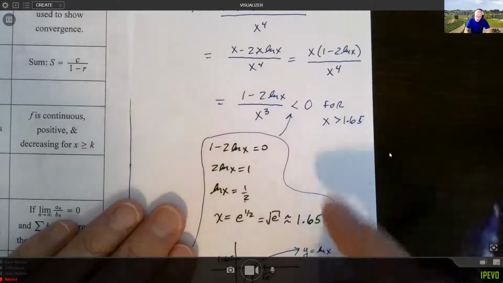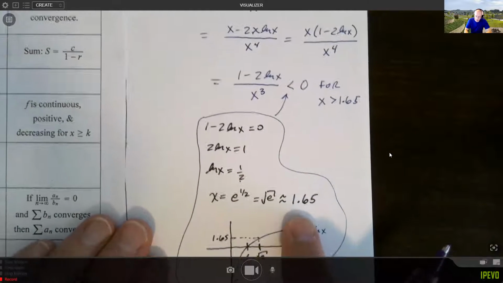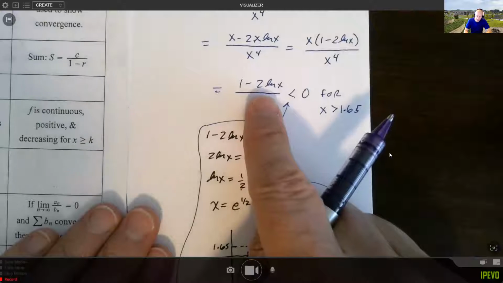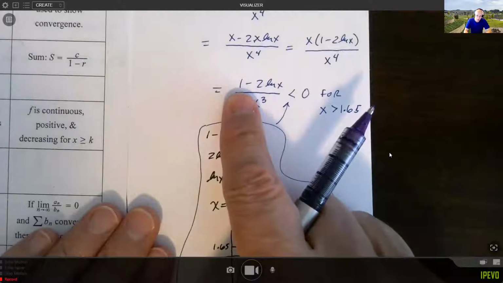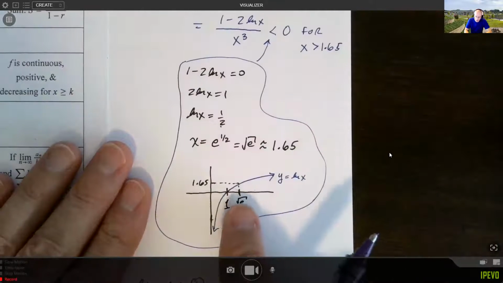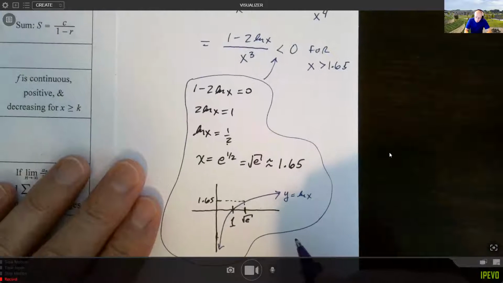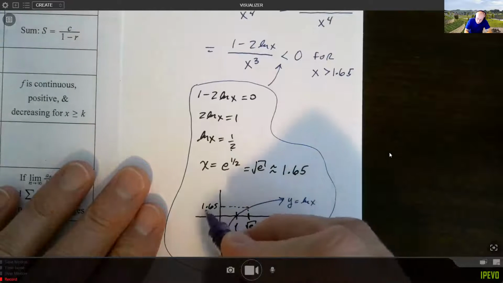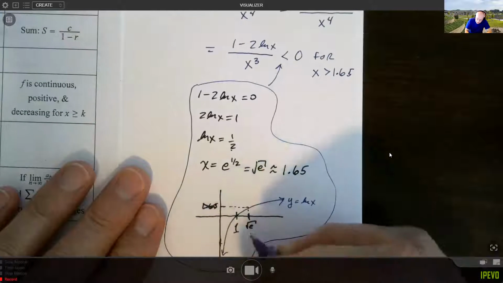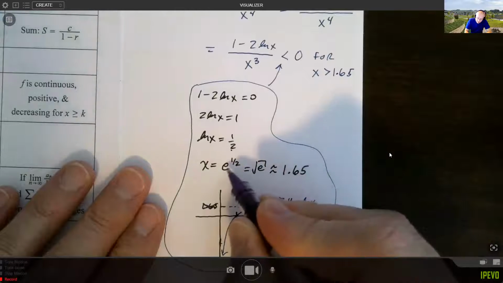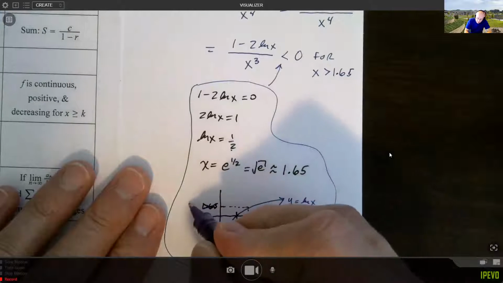But for any value of x greater than this amount, what's going to happen? Well, 2 times the natural log of x is now going to be greater than 1, because the natural log of x is going to be greater than a half. Sorry, I've got this wrong. It's not 1.65 there, excuse me. The square root of e is about 1.65, and at that point the natural log of x is equal to a half, 0.5.